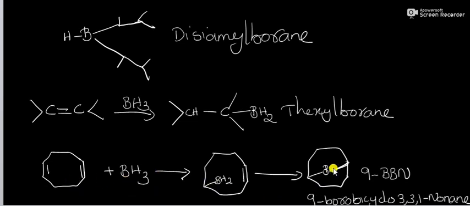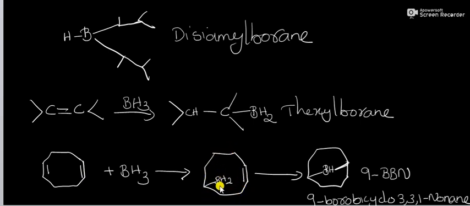And this is another borane called 9-BBN, that is 9-borabicyclo[3.3.1]nonane. How can you prepare 9-BBN? If we add BH3 to this olefin, it will first be converted into this borane, and there is a chance for an intramolecular reaction because it has two alkenes.